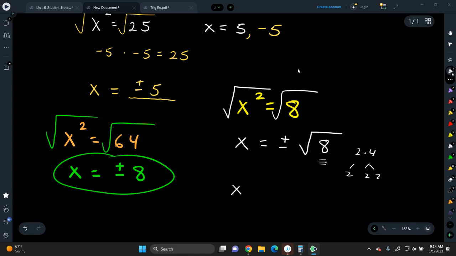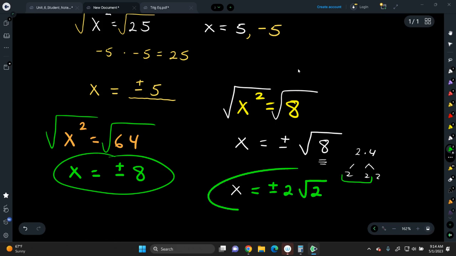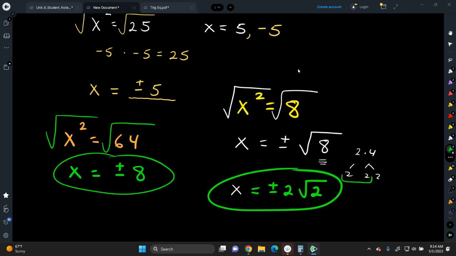So remember, I've got 2 of a kind, so those 2's come out. So it's plus or minus 2 square root of 2. And we leave our answer just like that. We do not put it into decimal form. Okay.